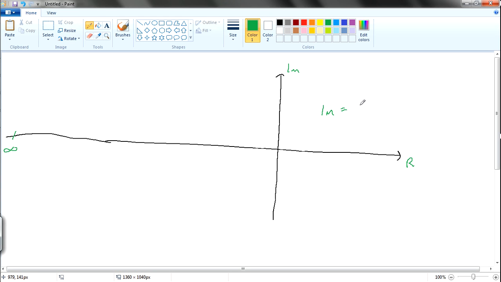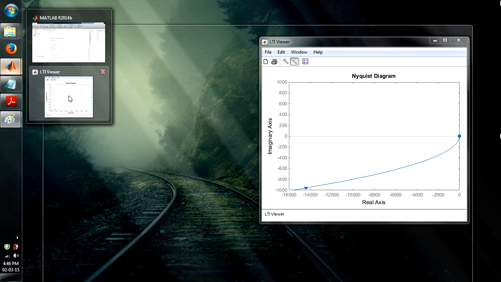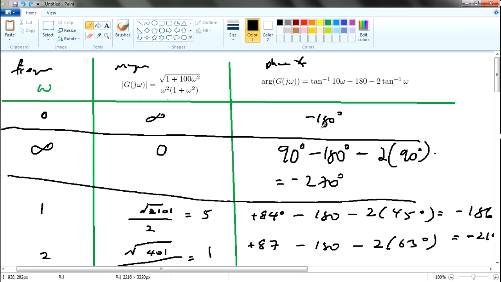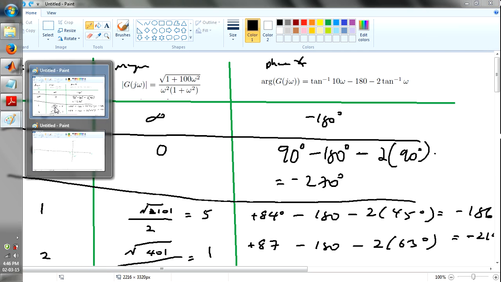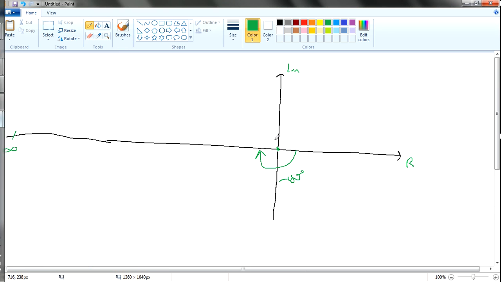I think you get what I mean. At this point frequency equals 0, and because it is negative 180 degrees, the phase angle is shown over here. On my table, we have calculated negative 180 degrees. So therefore, our magnitude should be over here, at this point.